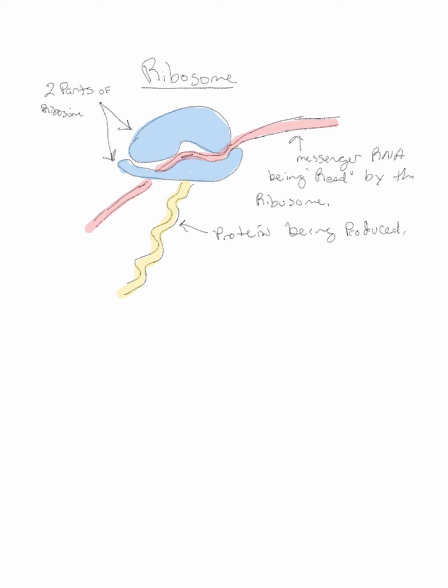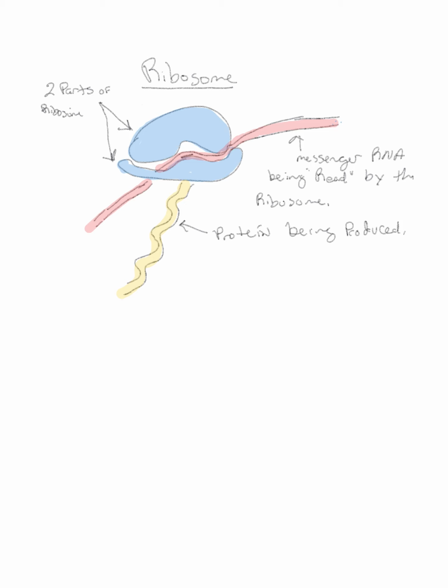Now here I'm just showing more detail about a ribosome and its function. You can see here in red, this is the messenger RNA that's being read. The ribosome has two parts. It assembles in the presence of a messenger RNA. So these two pieces are normally floating independently, but they come together when there's a messenger RNA. And then they'll move along the messenger RNA.